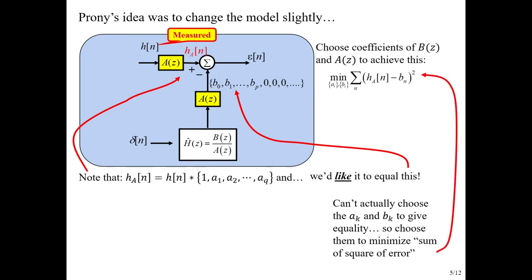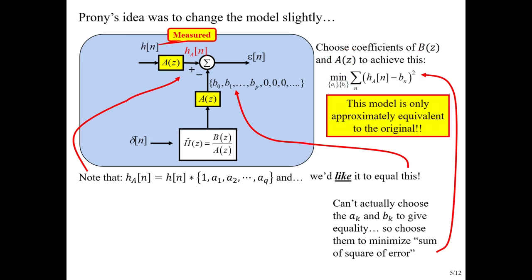So here's our new formulation. Choose the coefficients of our model so that if we minimize over the choice of those, this sum of squared errors, then those will be our choices for our model coefficients.